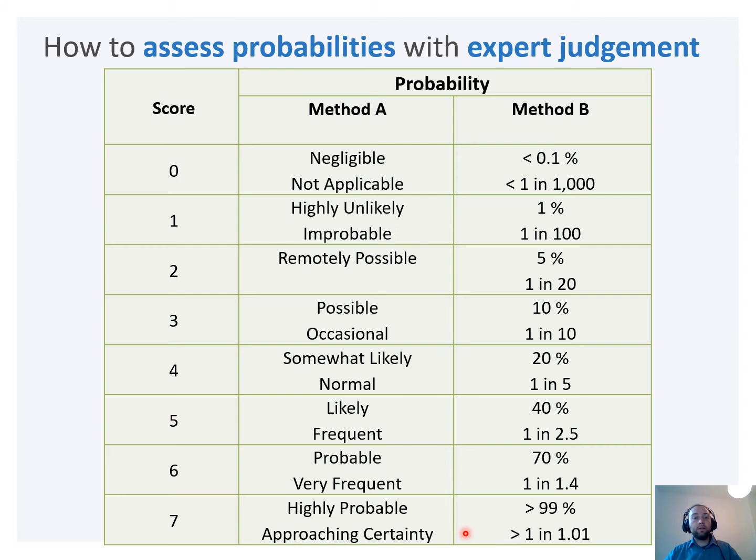And this can be done by applying a quantitative method like method B, or a qualitative method like method A. And applying expert judgment, we are able to put a score between 0 and 7, which will be important for the next steps to come.